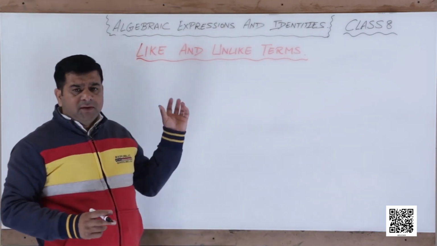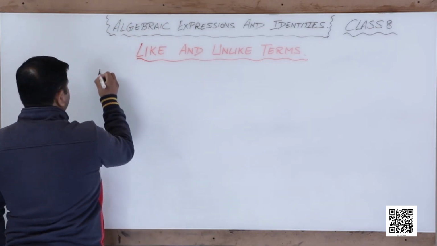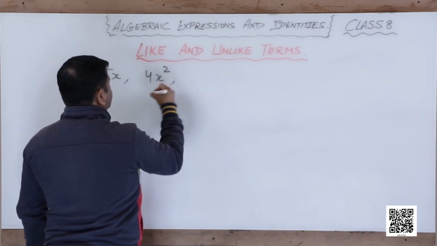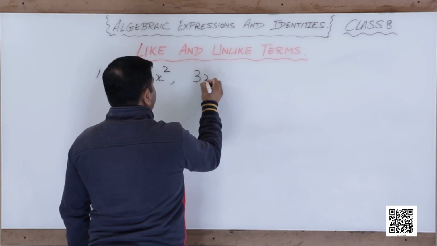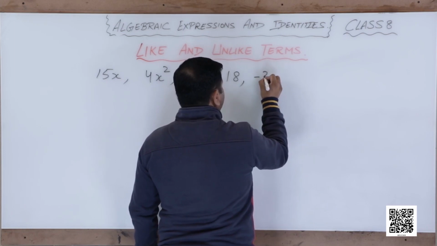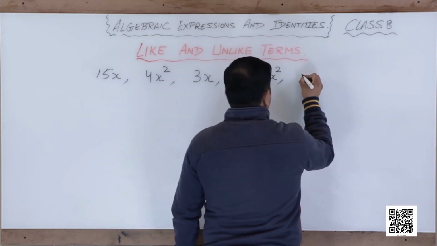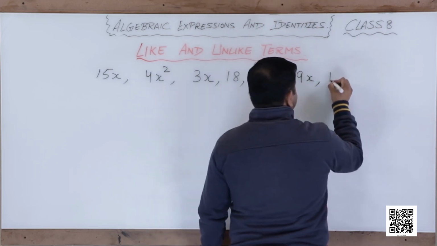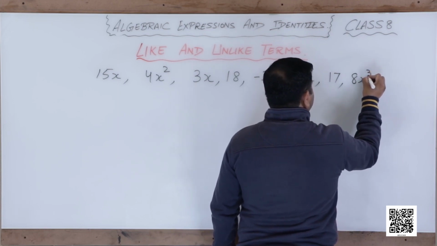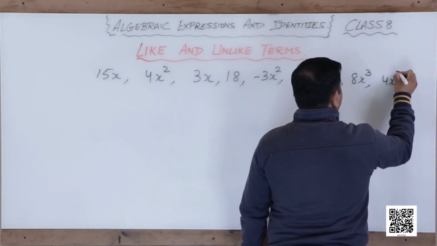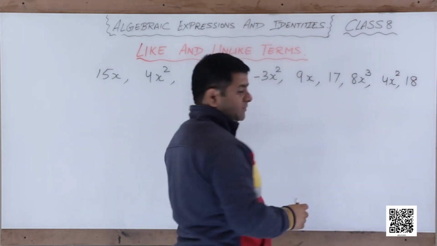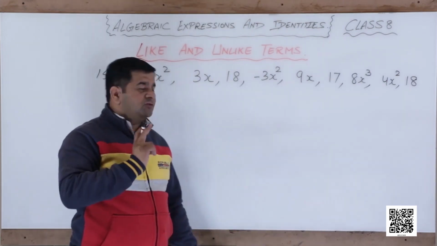I am writing some terms here like 15x, 4x square, 3x, 18, minus 3x square, 9x, 17, 8x cube, 4x square, 18, like this. Now students, just see carefully.